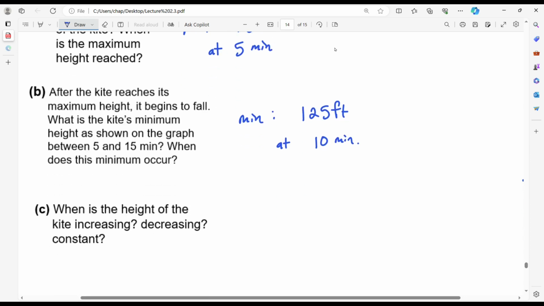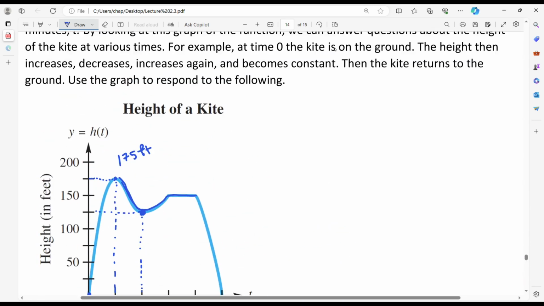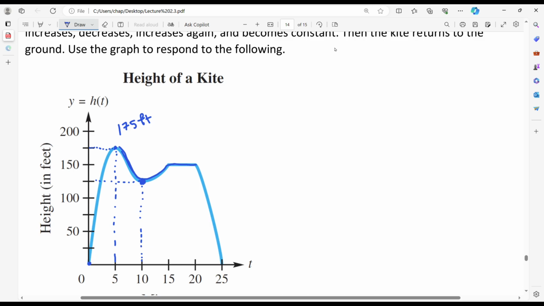When is the height of the kite increasing, decreasing, or constant? In part C, well, it's going to be increasing from 0 to 5 as it rises as we head to the right. So it's increasing from 0 to 5 minutes.